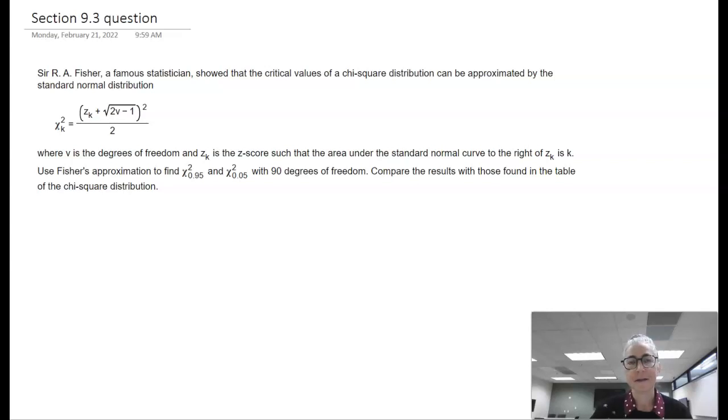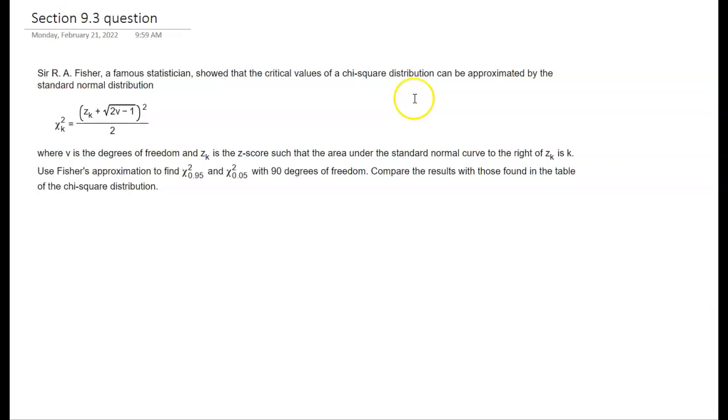This video is in response to a couple of questions I've had from section 9.3 about the chi-square distribution. This problem talks about Sir R.A. Fisher, who developed the chi-square distribution having to do with a critical value of the z-score, and you're given a formula.